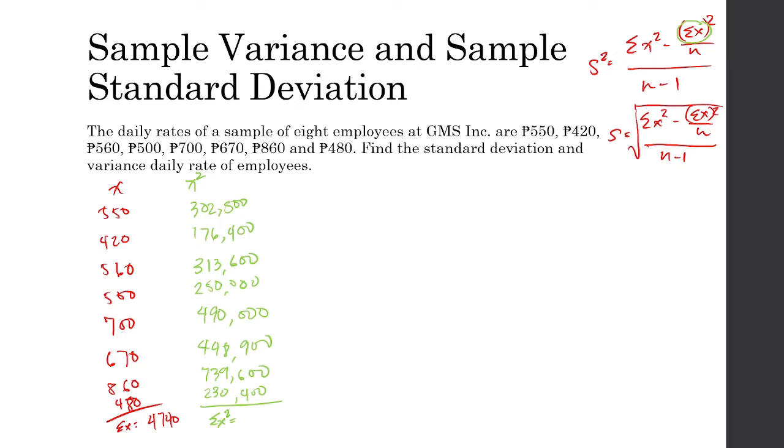So, we have there 302,500 plus 176,400 plus 313,600 plus 250,000 plus 490,000 plus 448,900 plus 739,600 plus 230,400. Okay, so this will be actually 2.9.